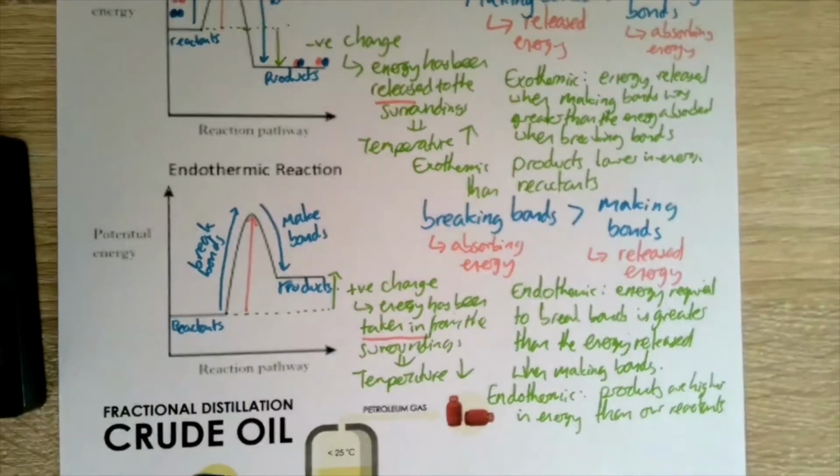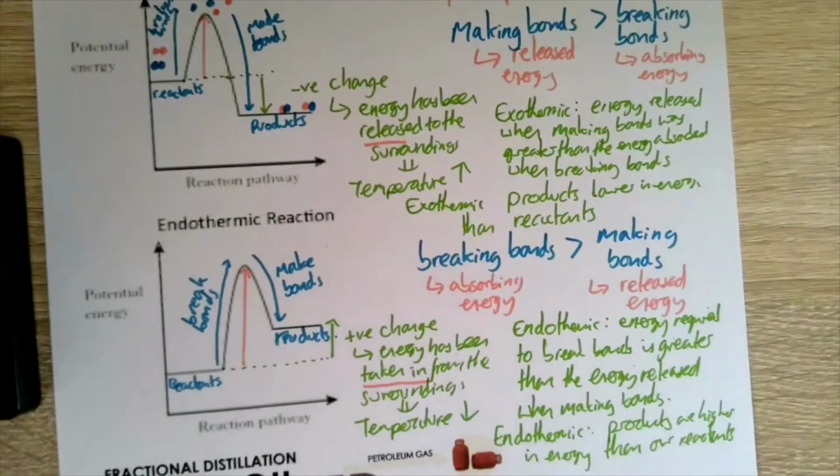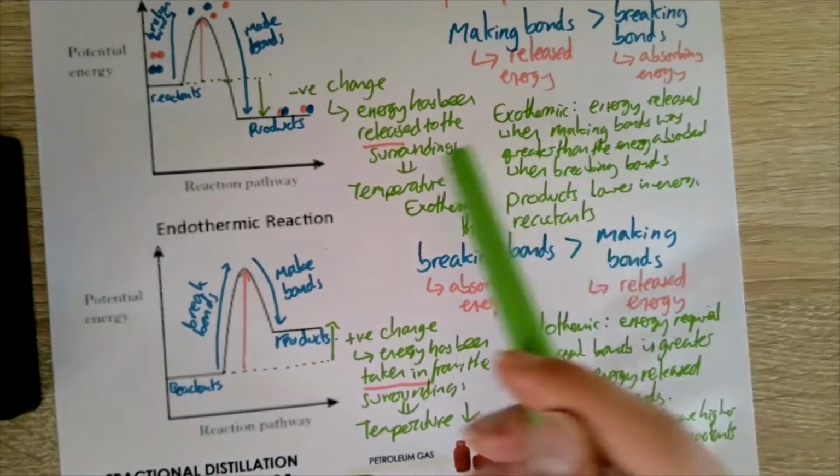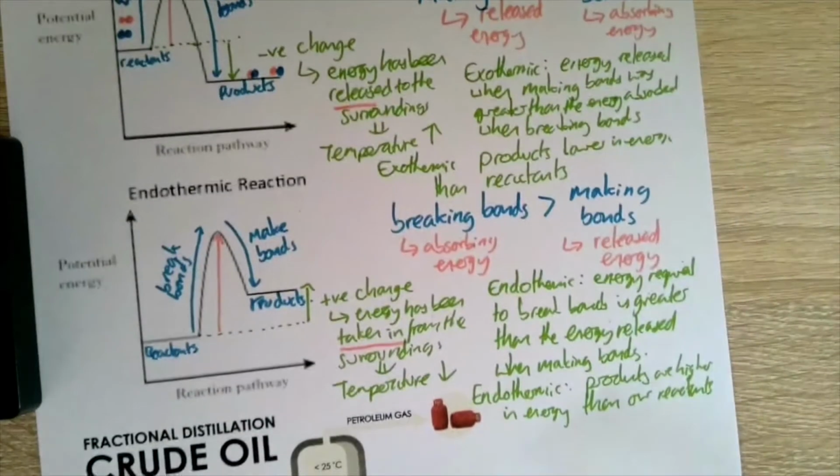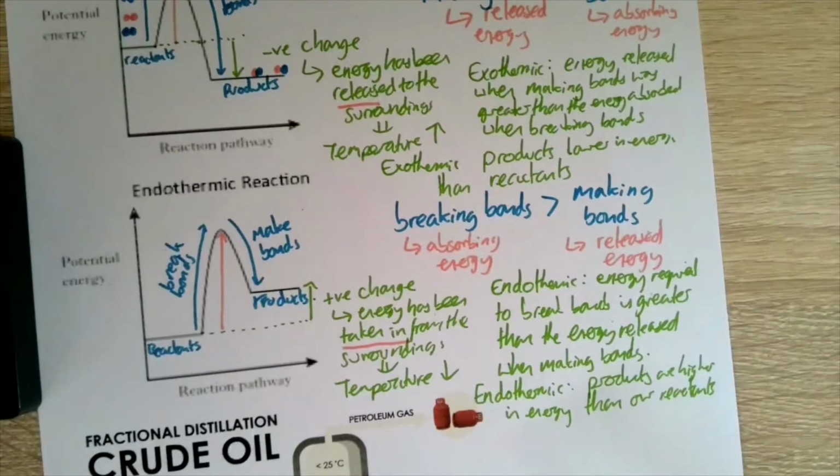So 3 different definitions of the same thing, so we have to be careful in terms of what the question is asking us, how it's asking us to define it. It might even say how would you know in a reaction that it was exothermic? And you'd know because your temperature would increase. If it was endothermic, your temperature would decrease.